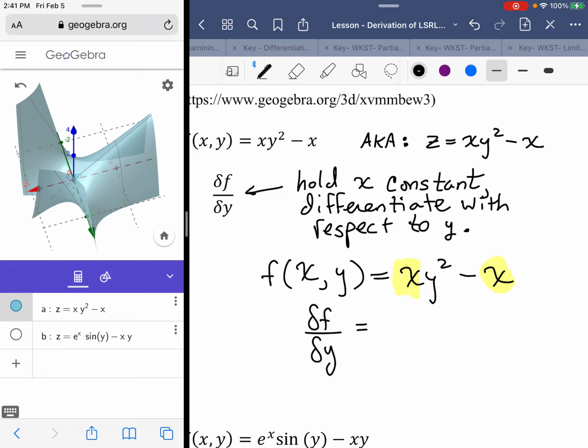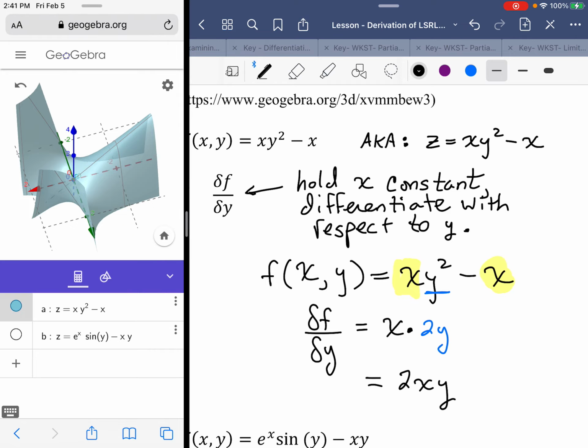I'm going to hang on to my constant multiple here, bring that down, and we'll differentiate the y squared, which will now become a 2y. The derivative of any standalone constant goes to 0, so that's that. And so my partial derivative with respect to y is 2xy.